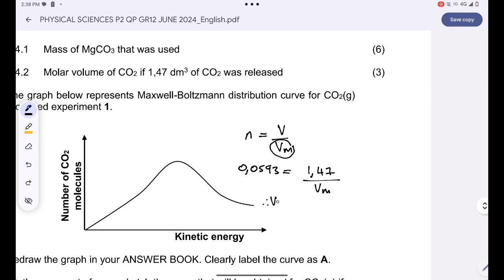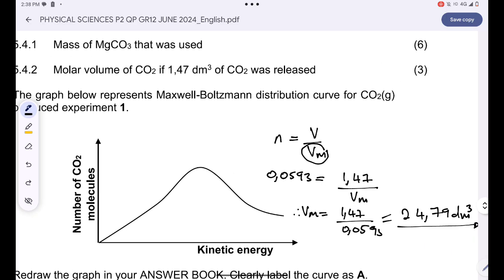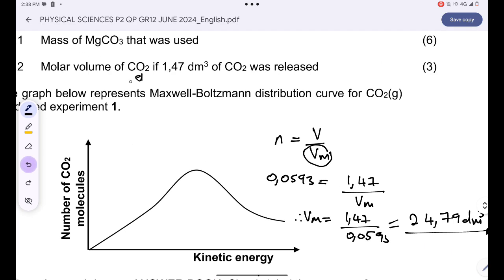I can simply cross multiply. I will end up having 1.47 over 0.0593. This will simply give me an answer of 24.79 cubic decimeters. So the molar volume, guys, at that particular temperature, was just 24.79 cubic decimeters.